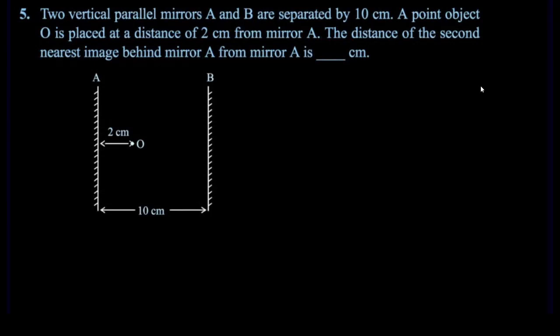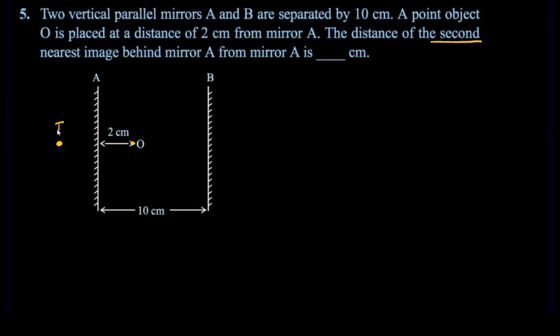So what we can do here, they are asking to find the distance of the second image from A. Look at this first. In this type of case, here is an object, and here the first image will be formed.